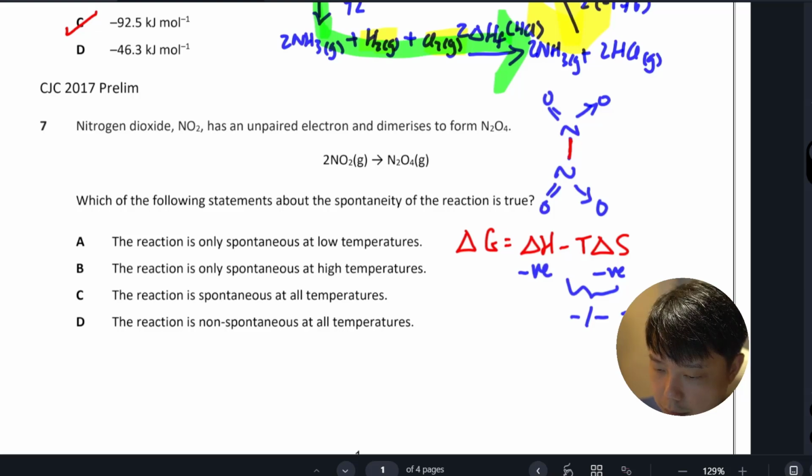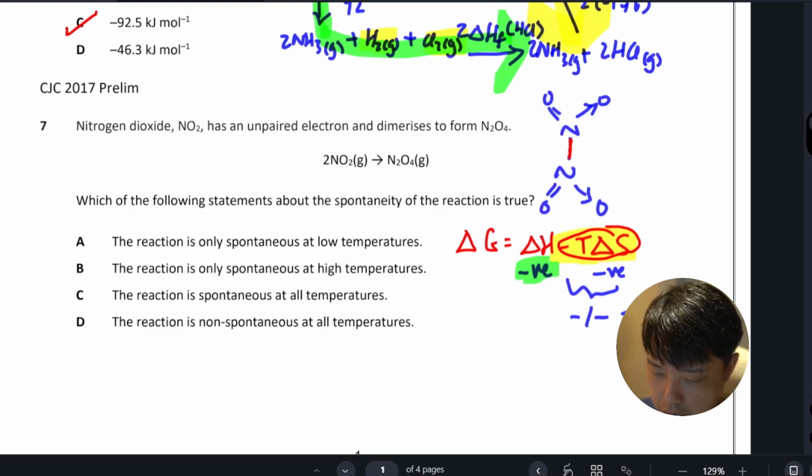Okay, so you will need the second term, minus T delta S, to be big enough to overcome the delta H in order for it to be not spontaneous. Okay, so by default, your delta H causes it to be spontaneous. But if your temperature is low, then this second term will become insignificant.